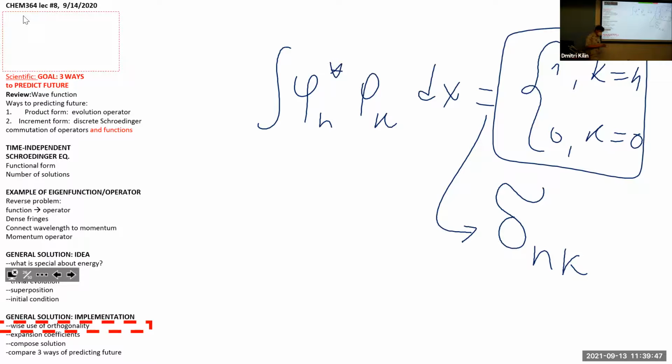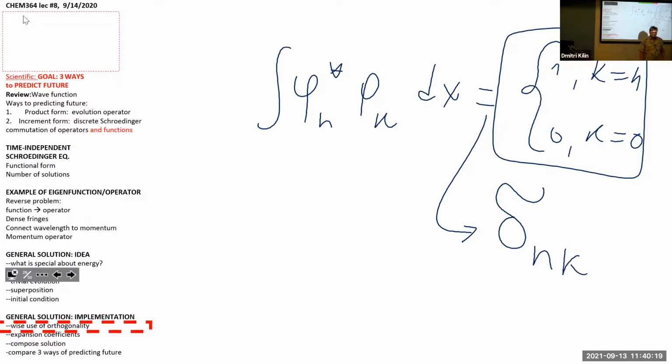So let me introduce, PChem class of 2021, the Kronecker delta. Have you seen this symbol before?